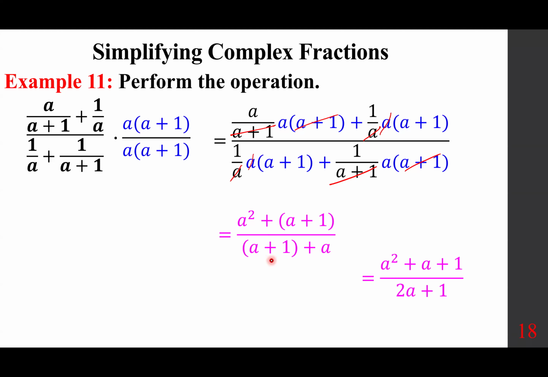And of course, you should always ask yourself, can I simplify this further? Because any fraction must be put in its lowest terms, and the answer is no, because this is a prime polynomial. If this was 2, then it could be factored out. This cannot be factored out, and we are done.